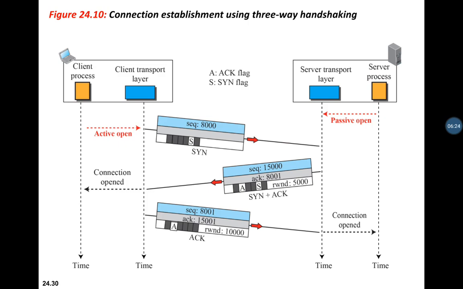And it also gives an indication that, as the acknowledgement received in the previous segment was 8001, the sequence number of this third segment will be 8001, and the receiver window size will be mentioned. So this is about the three-way handshaking process in the connection establishment.